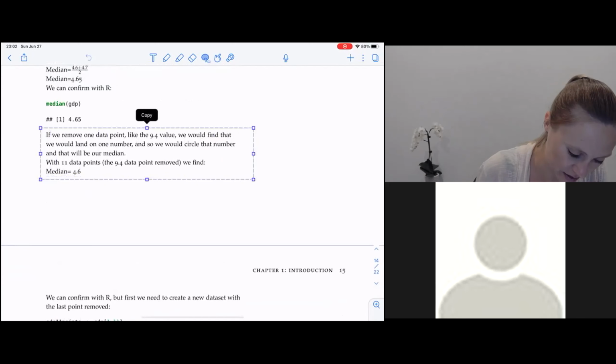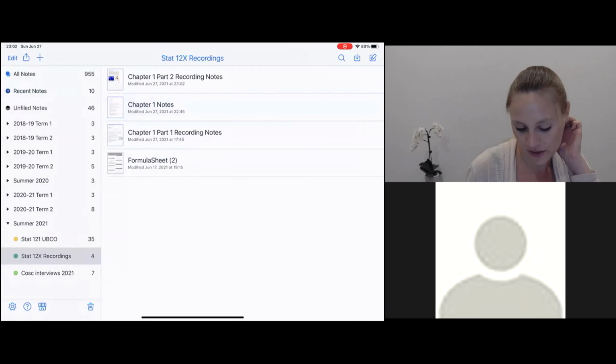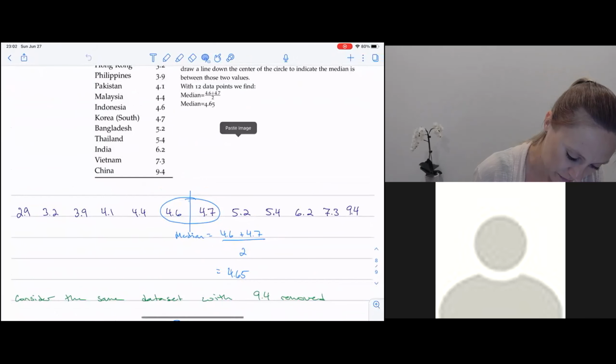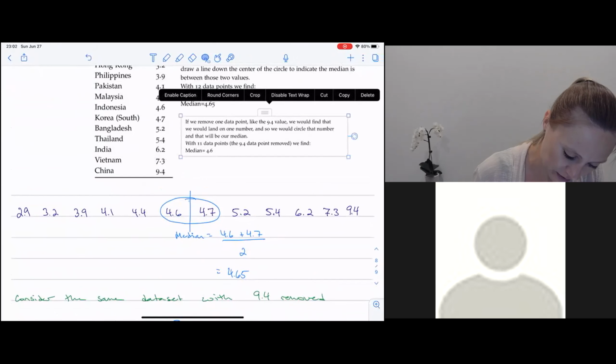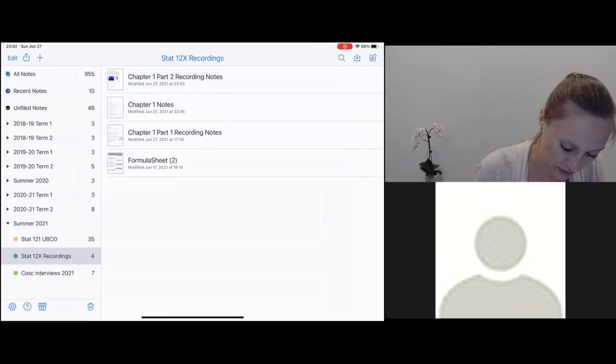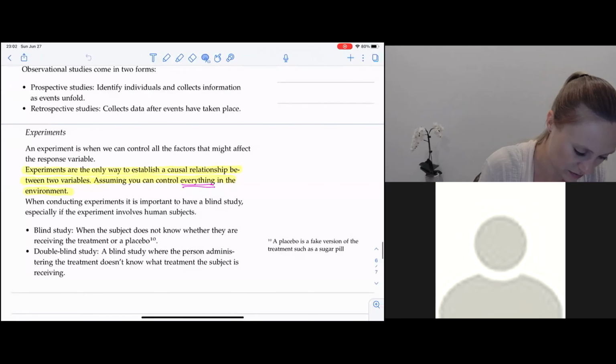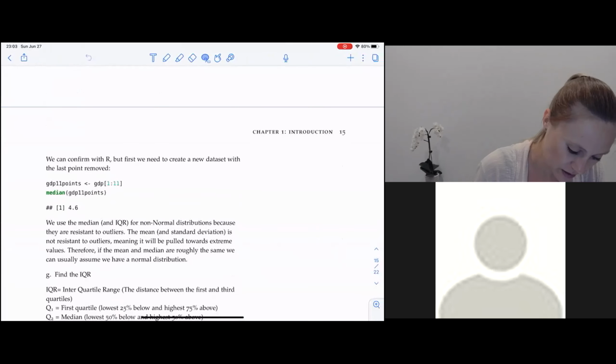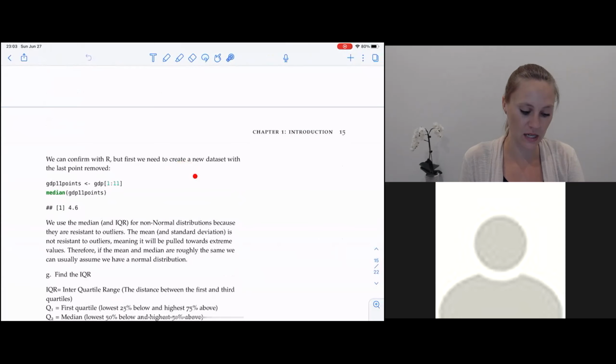And then I do walk you through how to create a new data set with the one removed. First, you need to create a new data set with the last point removed. And so I just removed the last point, and then the median is 4.6.